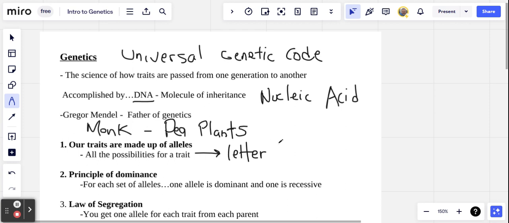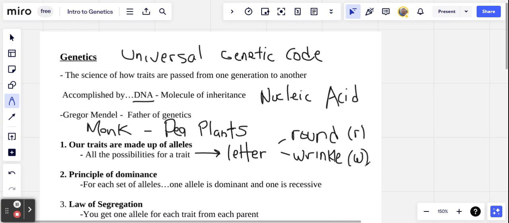So one of the traits he looked at was round peas. And another one was wrinkled. And he would just give it a letter. So he'd call round R. And this helped him keep track of what was going on. And he'd call wrinkle W.